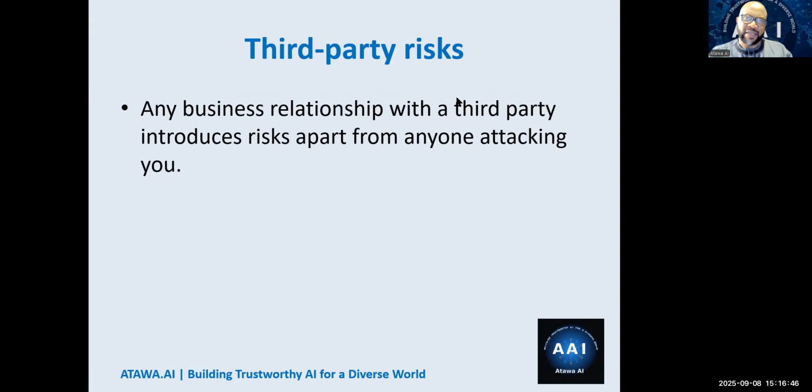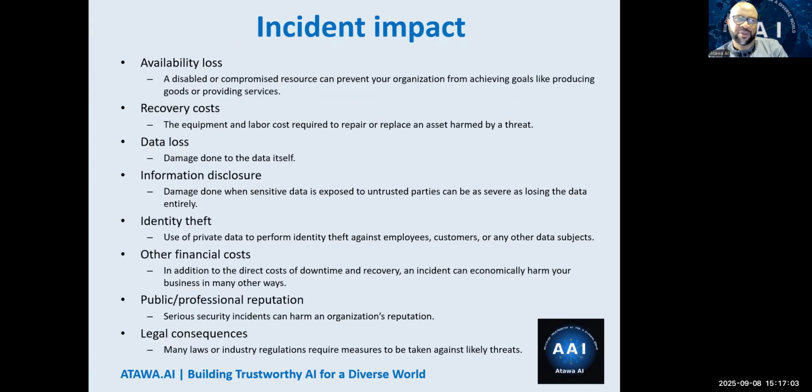When we are talking about attacks, third-party risk could be that I have a contract with somebody and I am employing a subcontractor. This could also be a vulnerability for my network.